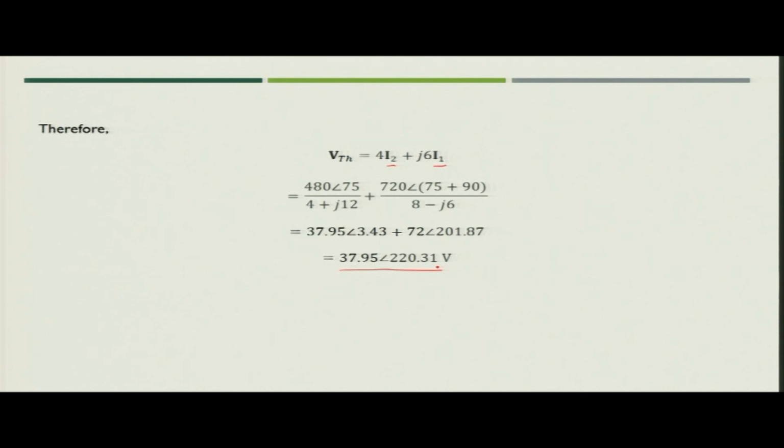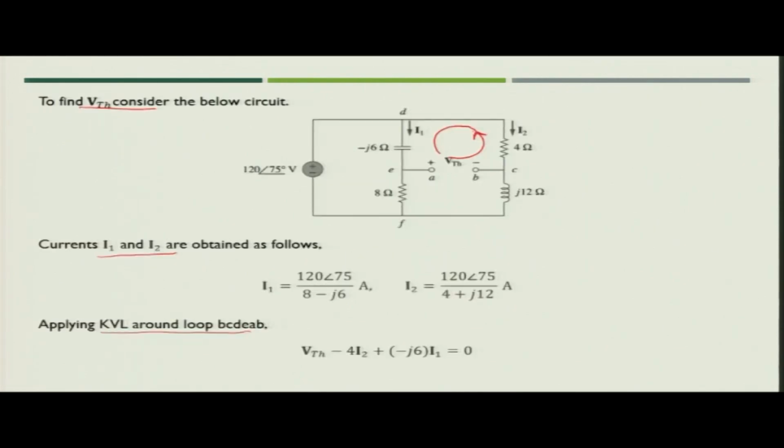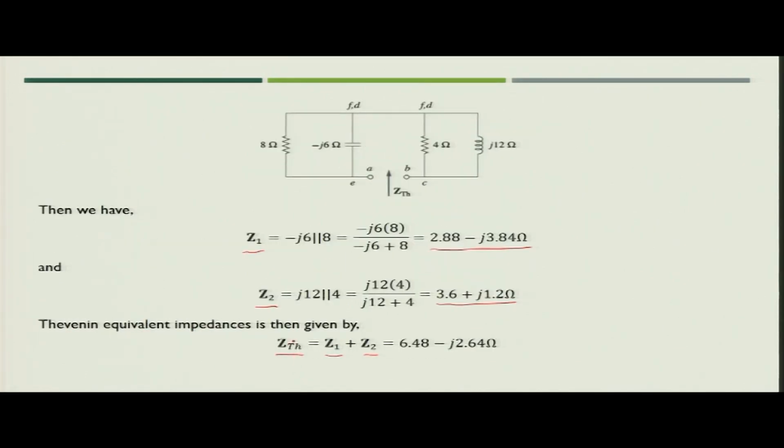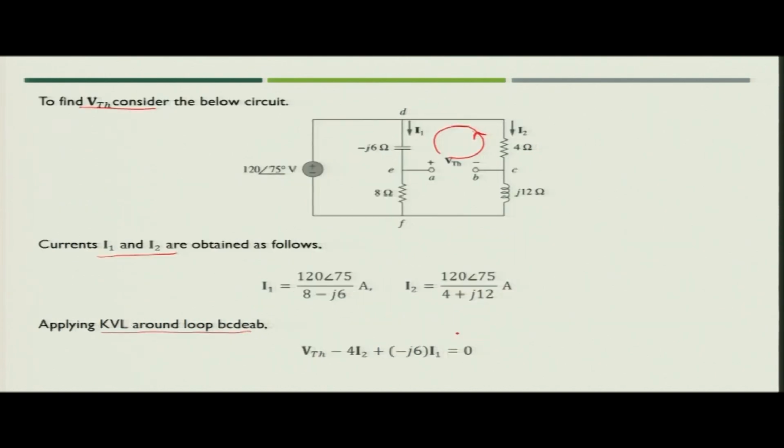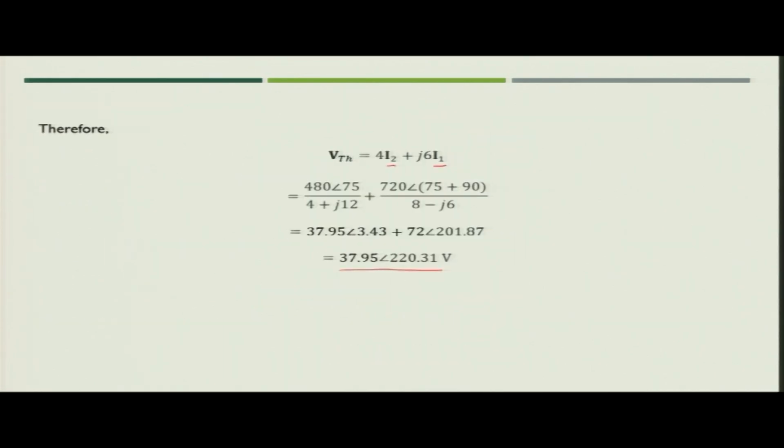So, now you have got the Thevenin impedance ZTH, and you have found the value of VTH. So, you can simply draw the Thevenin equivalent: VTH in series with ZTH, which you have calculated.